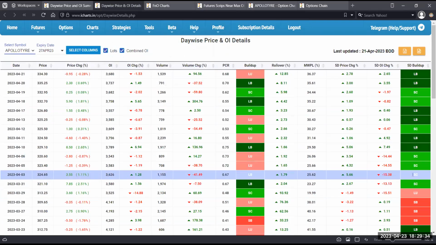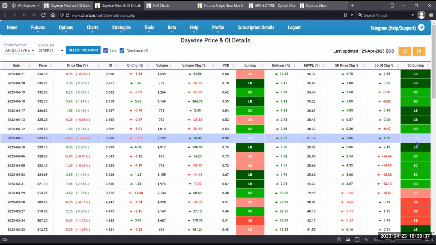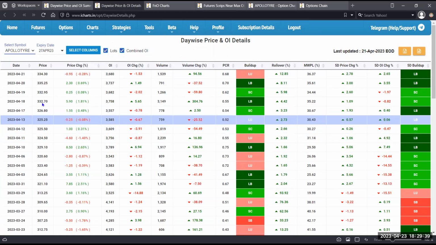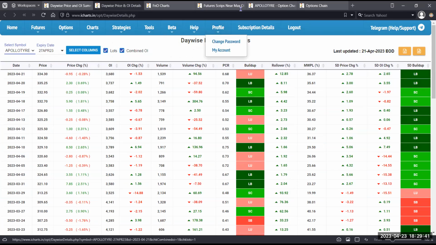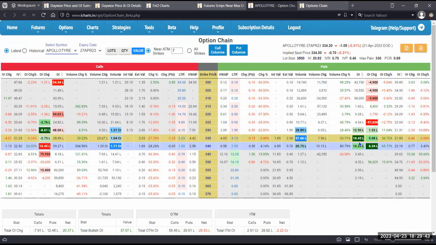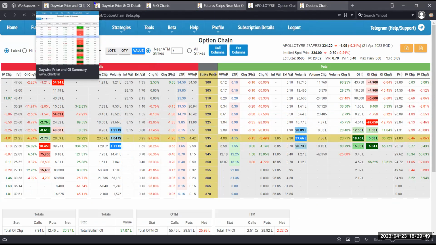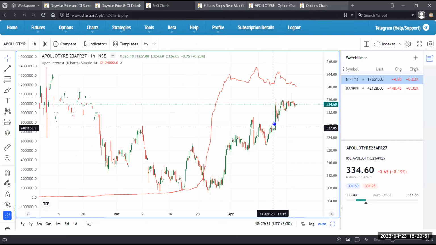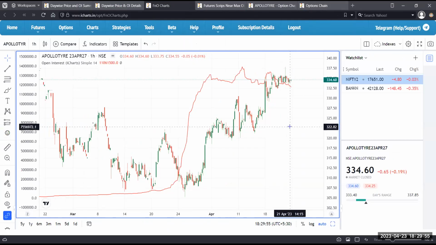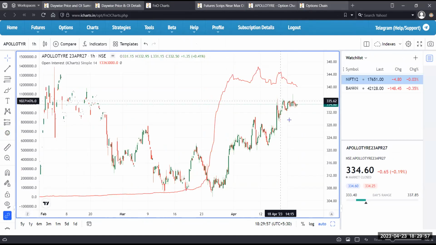If you had caught it somewhere over here or even over here, at least some move would have been there. But at the moment, since it has already reached over here, there may not be much of an opportunity. Of course, we can get another breakout, maybe, no idea. But then you need a stop very close over here, because we are already at the max OI strike. So from there, a reversal is possible.